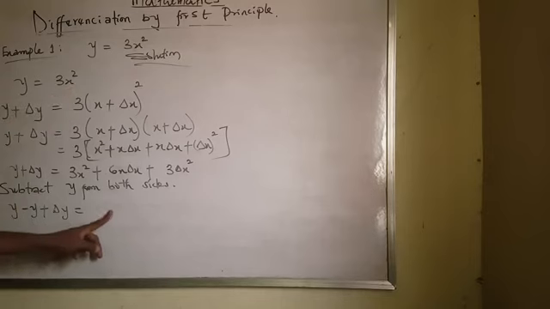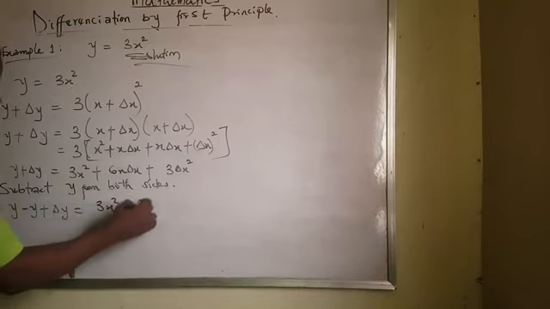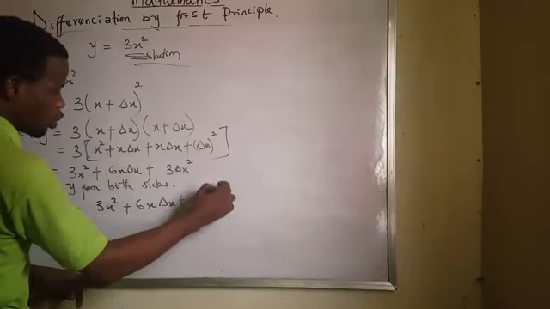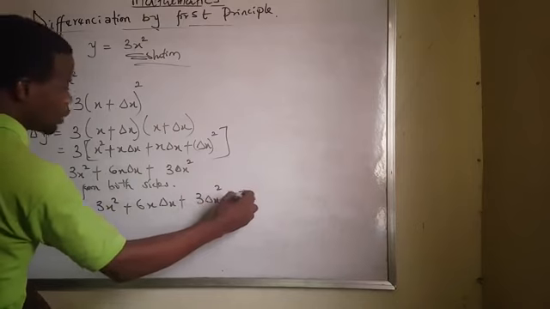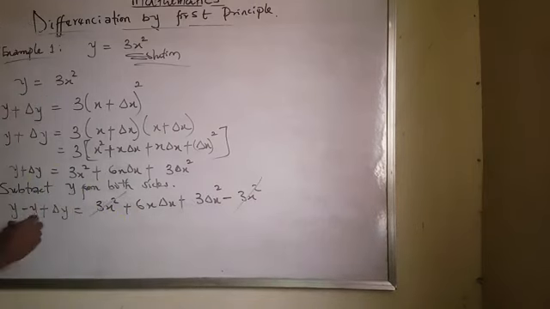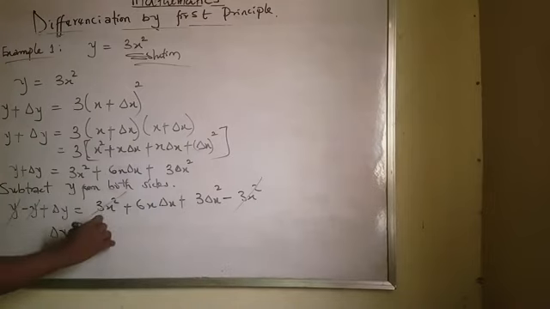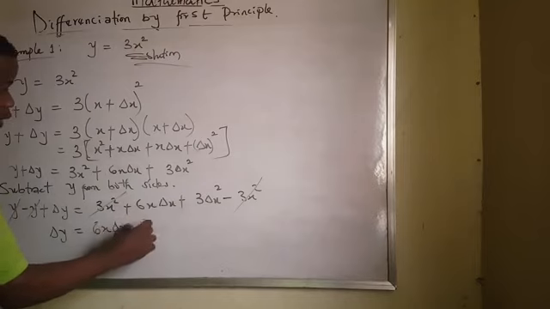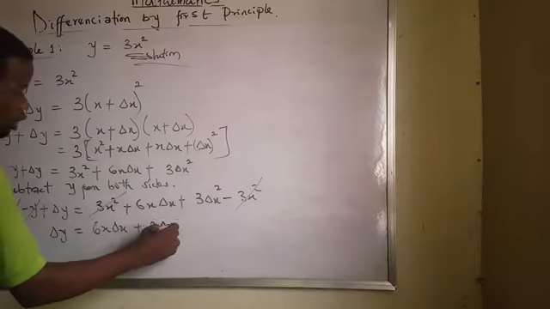So instead of writing y, on the right hand side we have 3x squared plus 6x change in x plus 3 change in x all squared, then minus 3x squared. So that means this and this will be gone. Then change in y can be equal to 6x change in x plus 3 change in x squared.